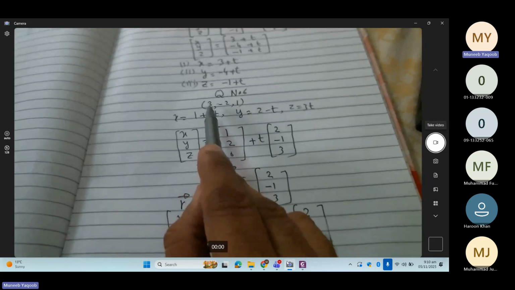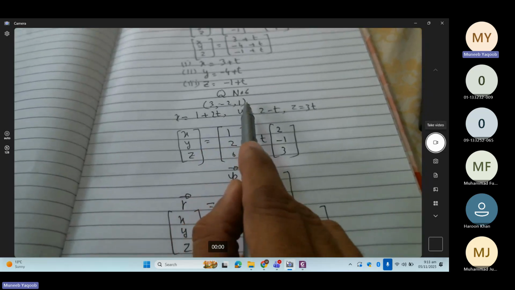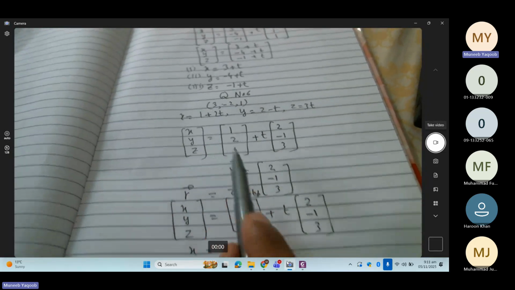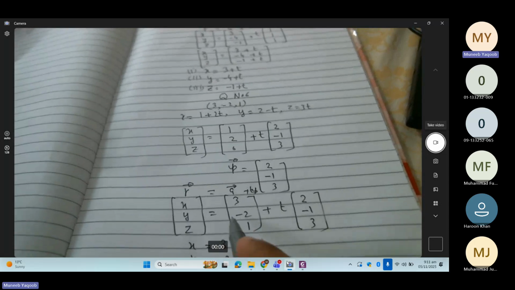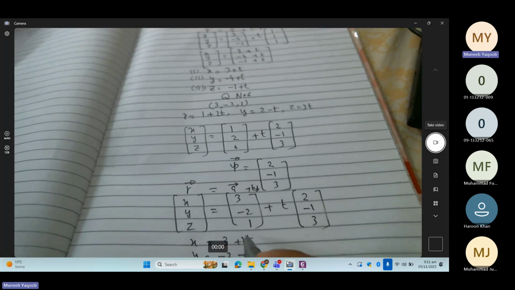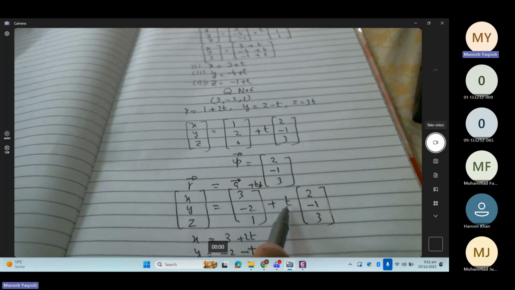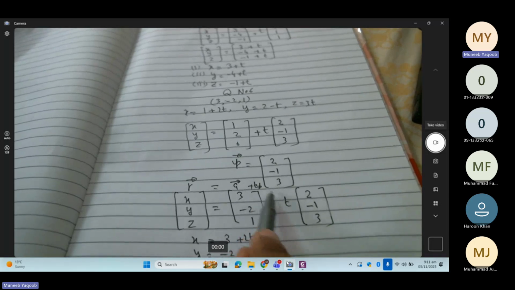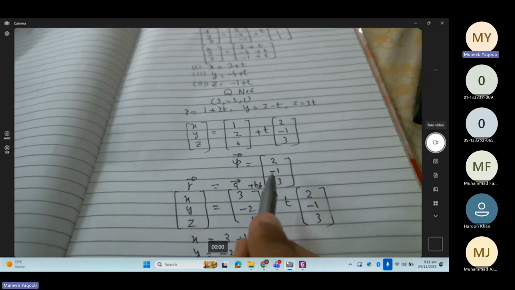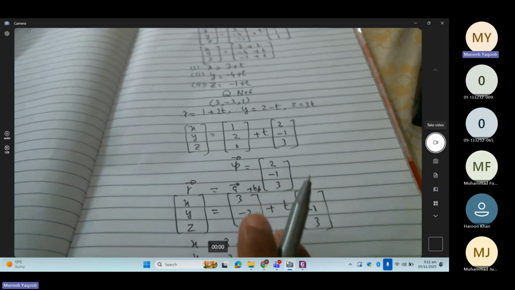Since our line was passing through (3, -2, 1), in place of vector a, we wrote (3, -2, 1). Similarly, in place of t, we write the parameter. And in place of p, we write the direction vector, which we identified as (2, -1, 3).